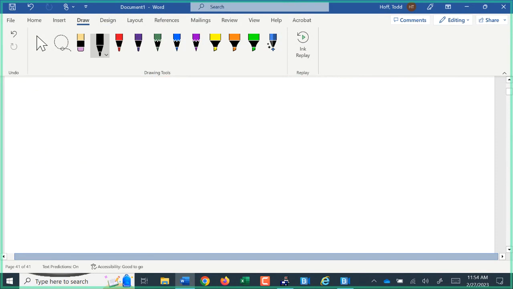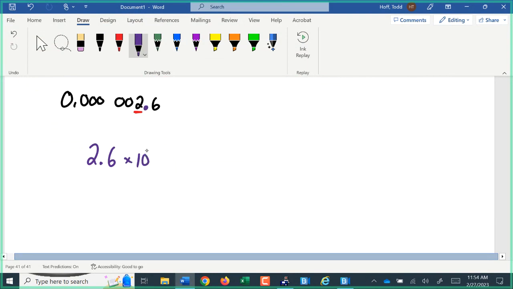So if I want to convert 0.000026, my first non-zero digit here is the 2, so my decimal point is going to have to go after that. So this is going to be 2.6 as the start of my scientific notation, times 10 to the power of, well, I have to move my decimal point.